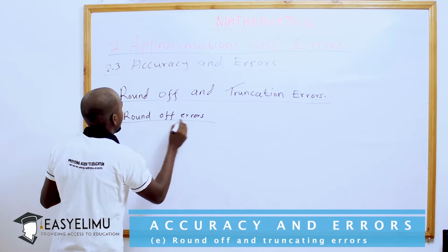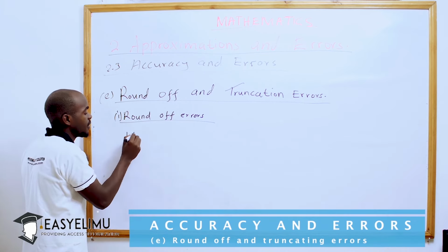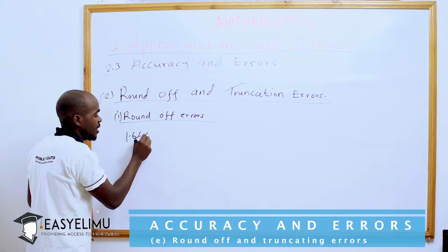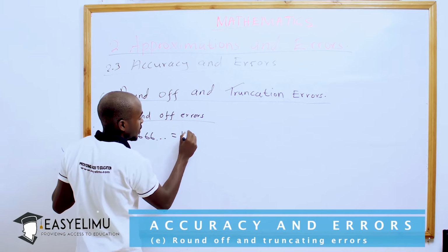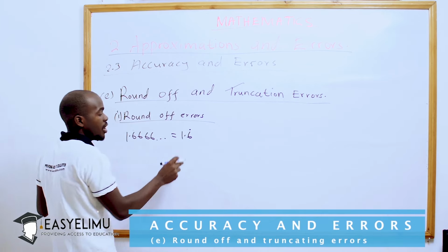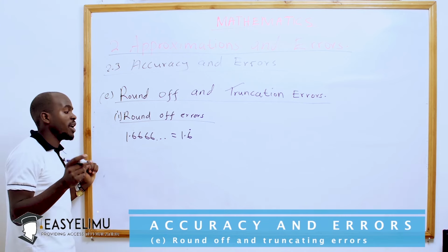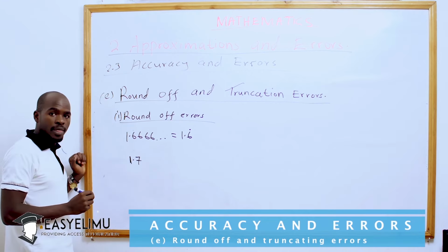In case we have 1.66666, which is the same as 1.6 recurring, if we round off this one to 1 decimal place, you will have 1.7.